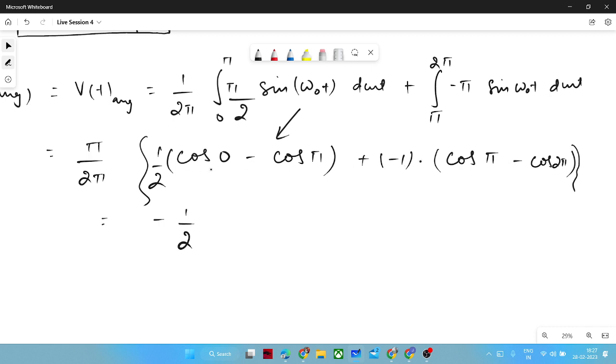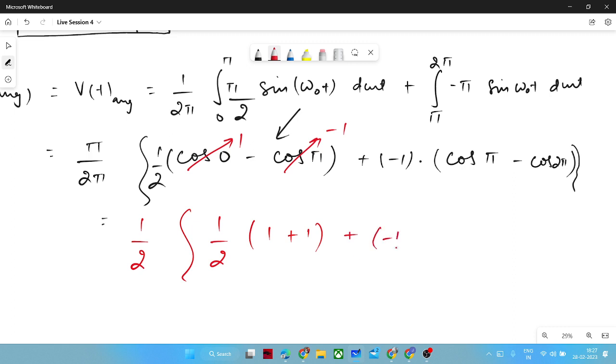So now let us verify. Cos 0 would be 1, cos pi would be minus 1. So pi by 2 pi, let me write half. Half into 1 minus minus 1, so plus 1 plus... cos pi would be minus 1 and minus cos 2 pi would be 1.